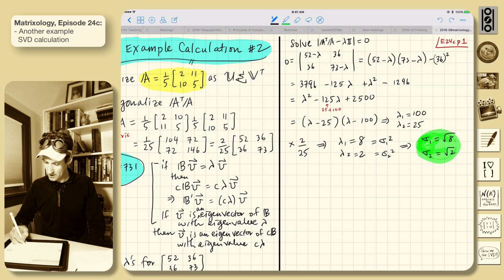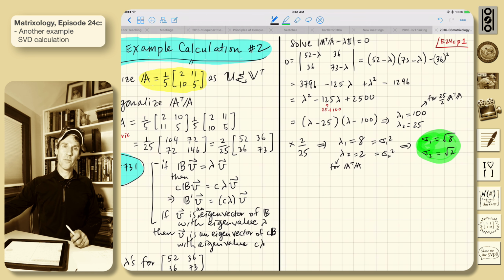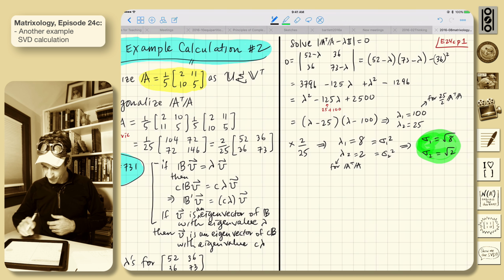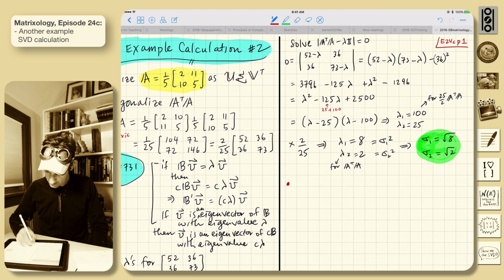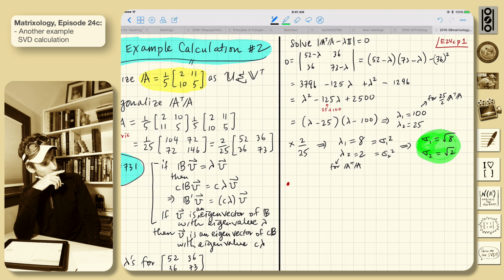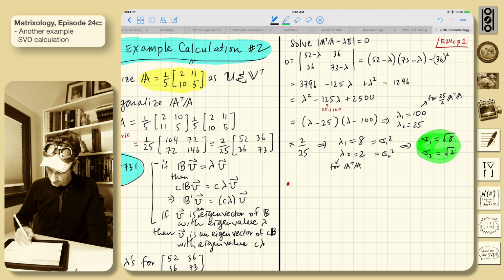This is for A transpose A, and let's make it clear, it'd be 25 over 2 times A transpose A. We've removed the prefactor, okay? Okay, so lambda 1 equals 8.